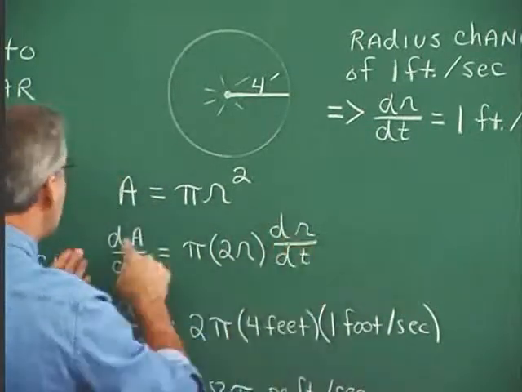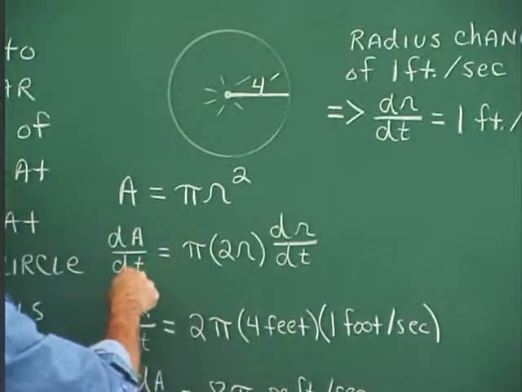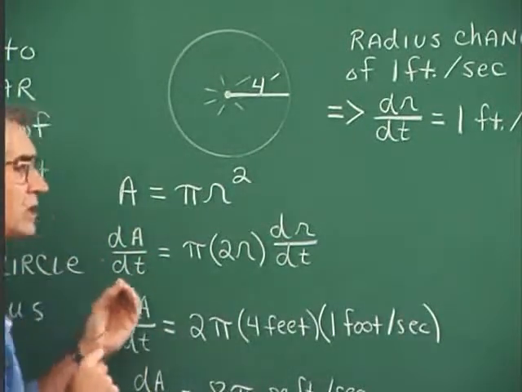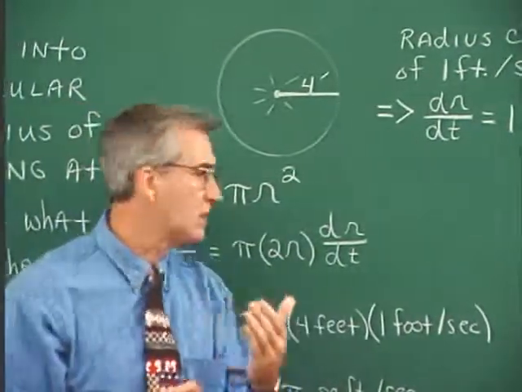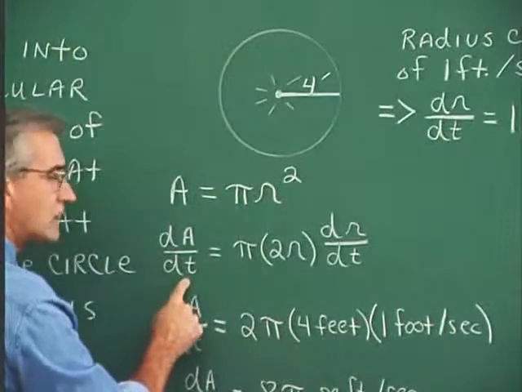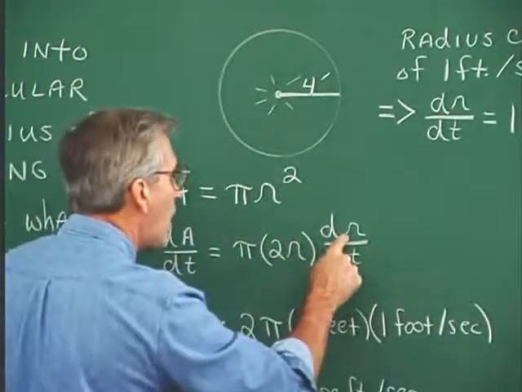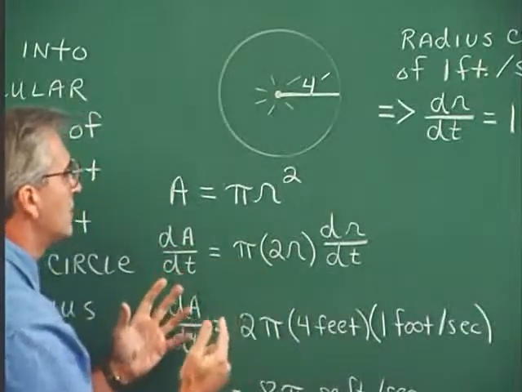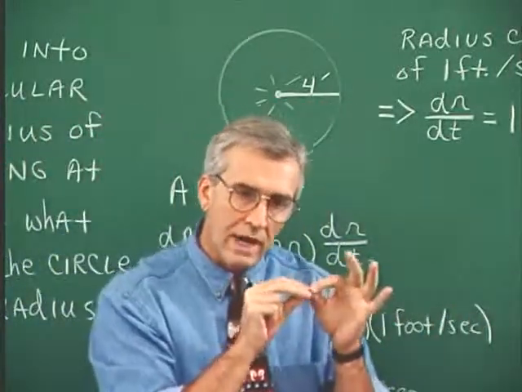Now, what do these things mean? Well, this is what we're looking for. If we're thinking about what is the change in area at that moment in time, that is what dA dt is. That's the symbol for it. And dr dt is the rate at which the radius is changing.